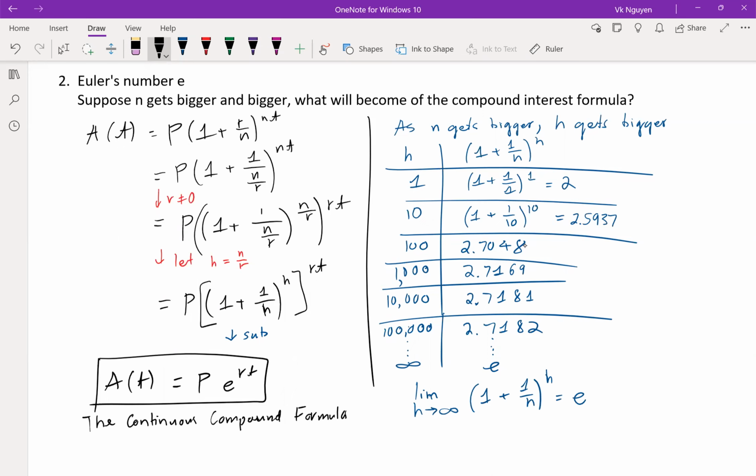And because E occurs so often in nature, we call it the natural number.